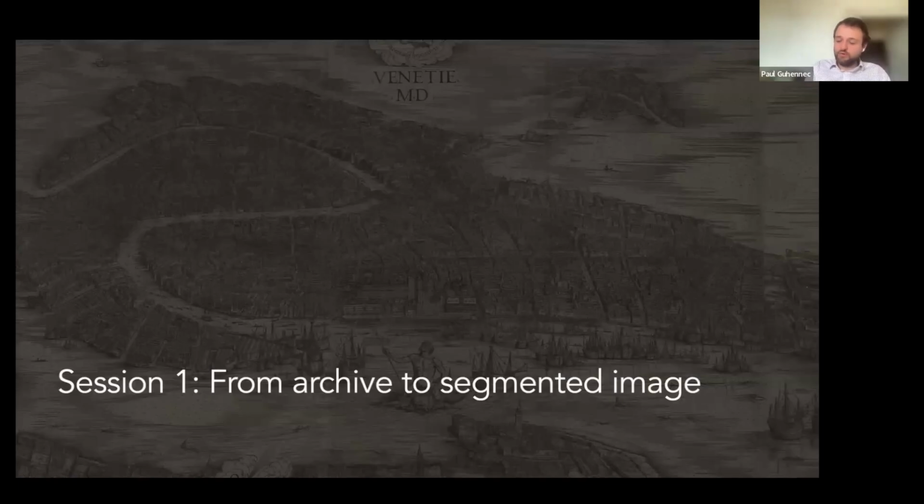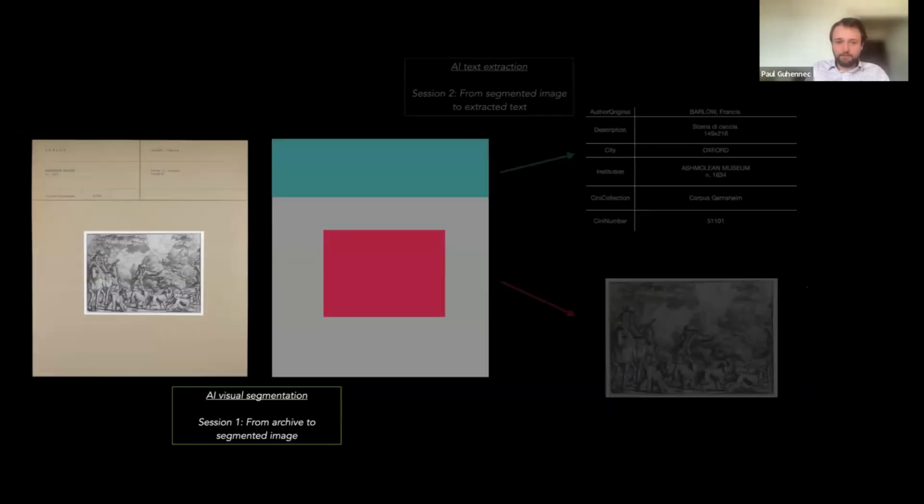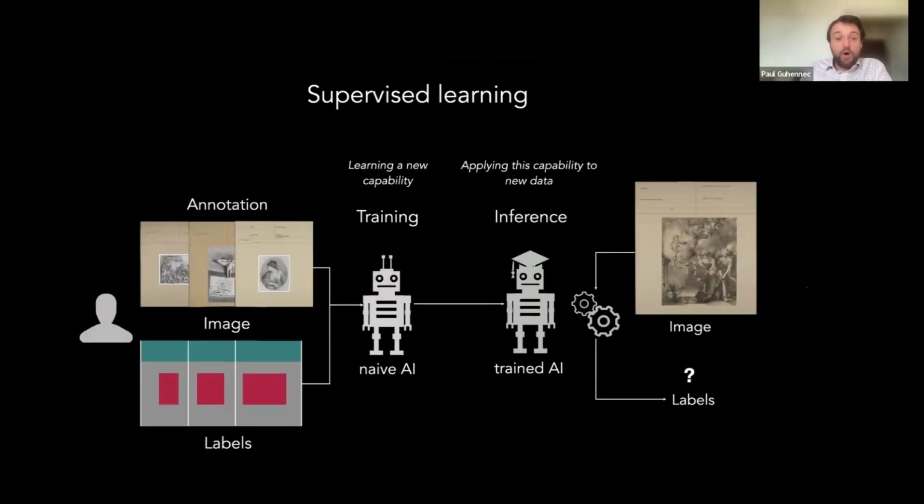Okay, so moving on to today's content, which is this first section of my big diagram, how we go from the original scan to regions of interest on the image. Well, let's see our plan of action of our general structure of AI learning again.